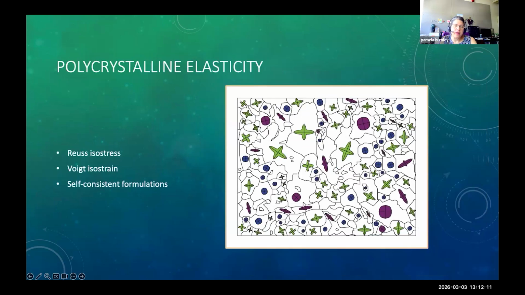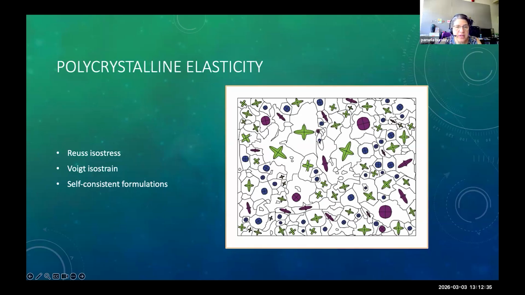Okay, so now we're going to think about this rather complex situation where you have crystals that have different elastic constants in different directions. And now you may have more than one crystal in your material. So here's a diagram of some grain boundaries.